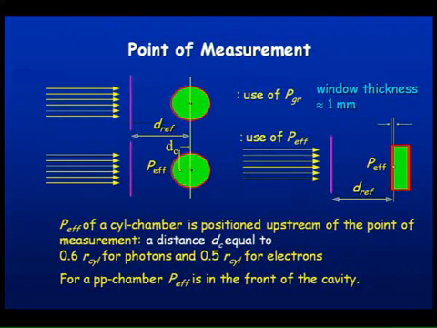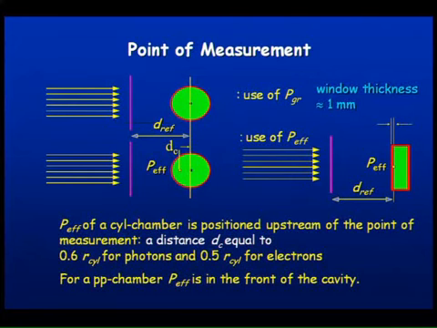The other is that when you position a chamber with its center at a given depth, the chamber samples an electron fluence that is different from the electron fluence present at that reference depth in an undisturbed medium. That is what we correct by using the gradient correction factor, and Alan showed some nice graphs for that.